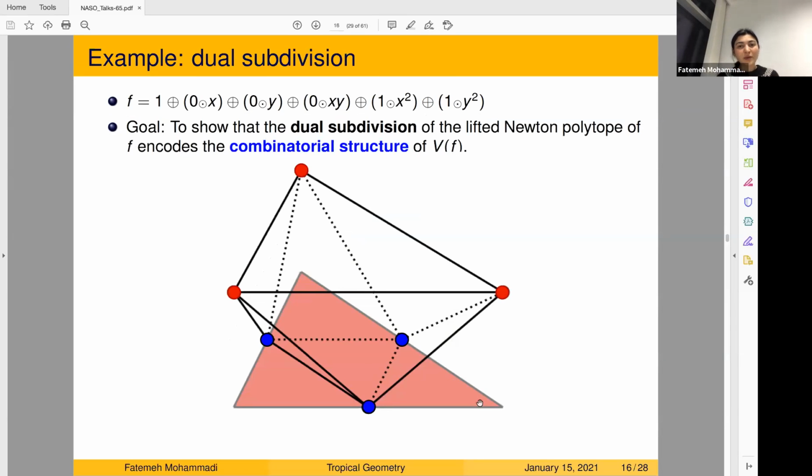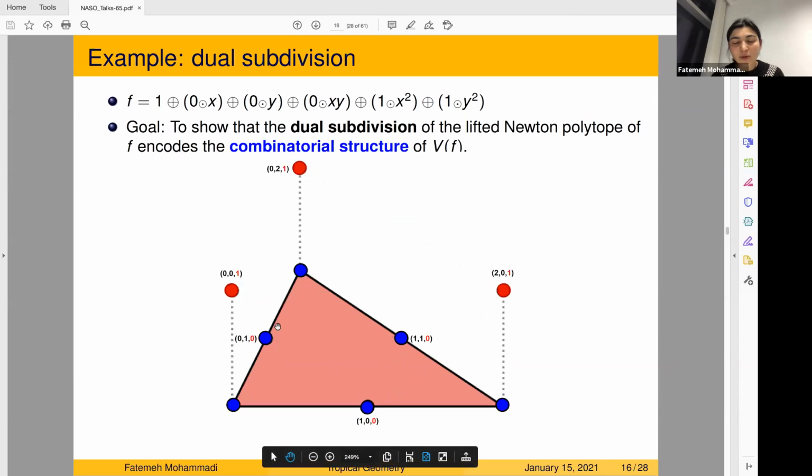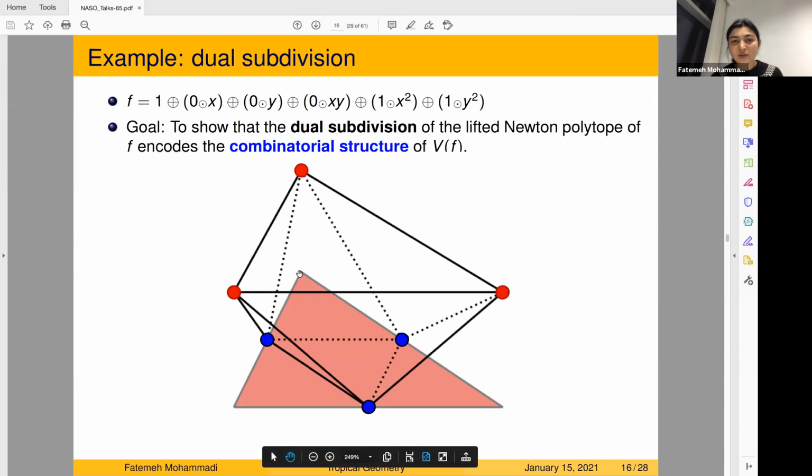So what I mean here is that I just lifted up these points, right? And these guys have now been changed to these new points, right? And then I take the convex hull of these guys and the original three ones with the 0 coefficients. So it's a 3-dimensional polytope. And the way that you can see this subdivision is you just mark the lower faces. So that would be one facet that I see below, right? And that would translate, if I project it back to R^2, to this triangle, right?